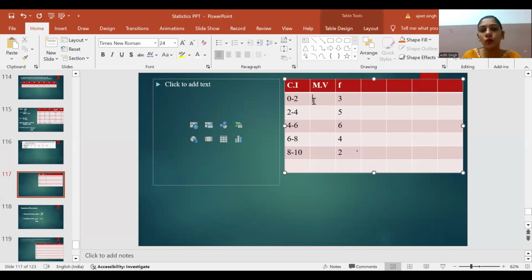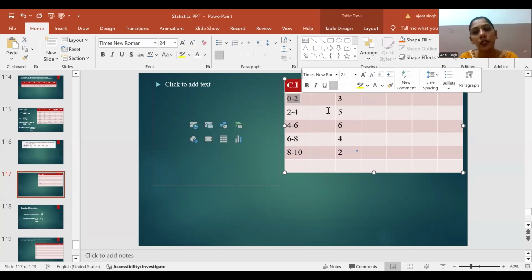Now what we have to do? First, we calculate the mid value of the given class interval. We add the lower limit and the upper limit of the class interval and divide by 2.